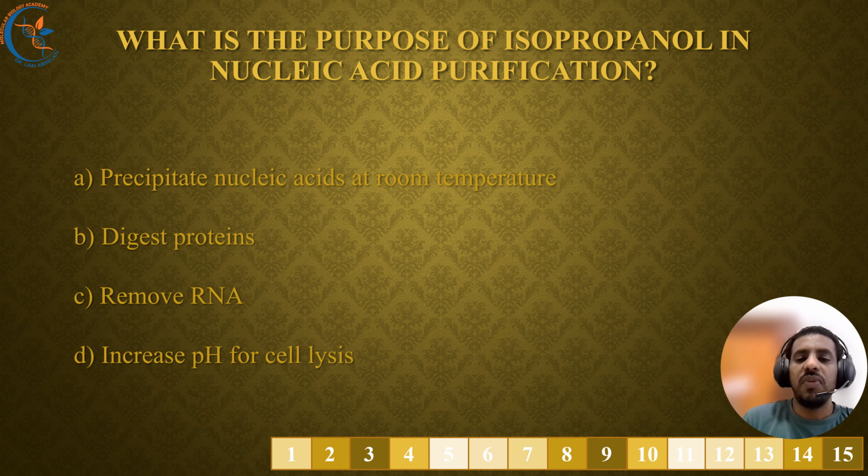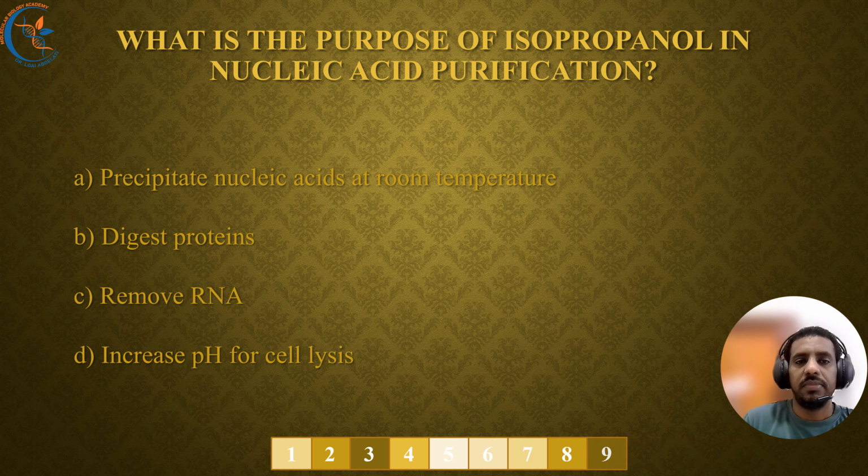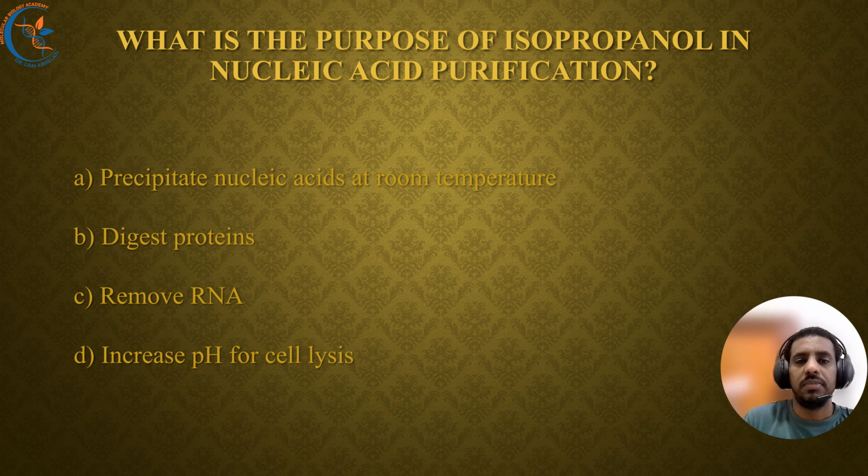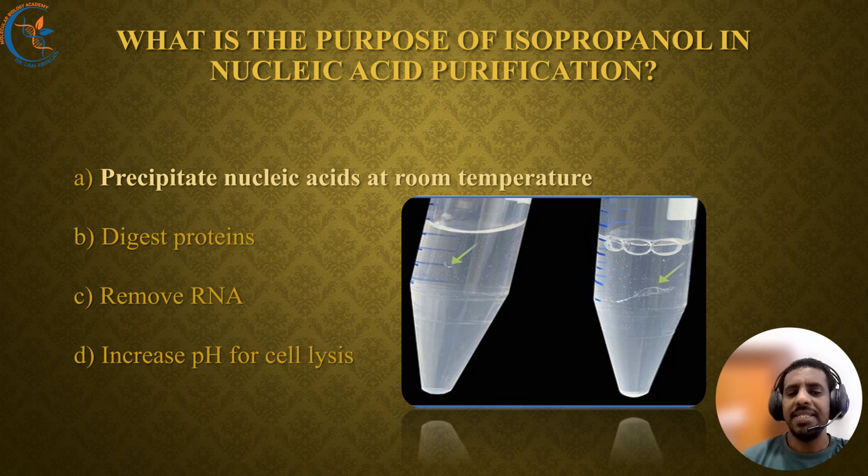What is the purpose of isopropanol in nucleic acid purification? The correct answer is to precipitate nucleic acid at room temperature.